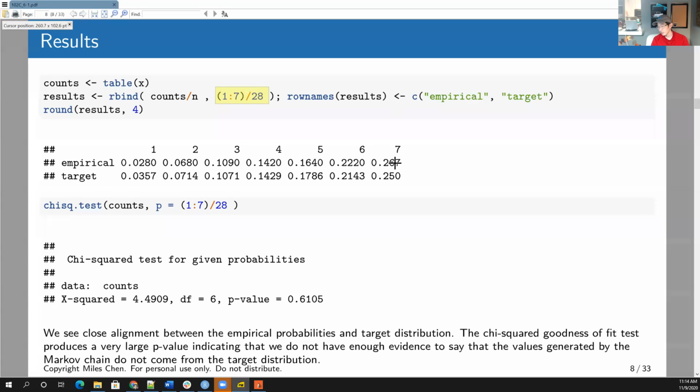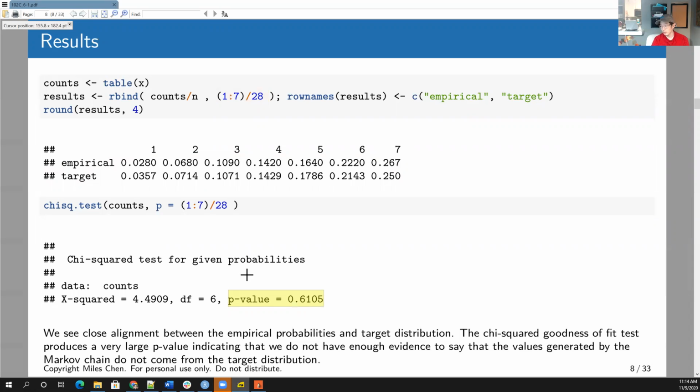I got the number 7 around 267 times, a little over a quarter of the time, and it should happen around 1/4 of the time. If I do a chi-squared test to see if there is a significant difference between what we saw and what our target probabilities were, our p-value comes in at around 0.6, so we've got nothing to worry about here.